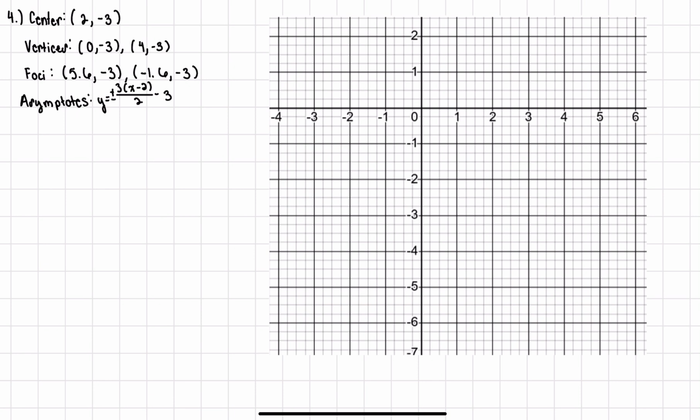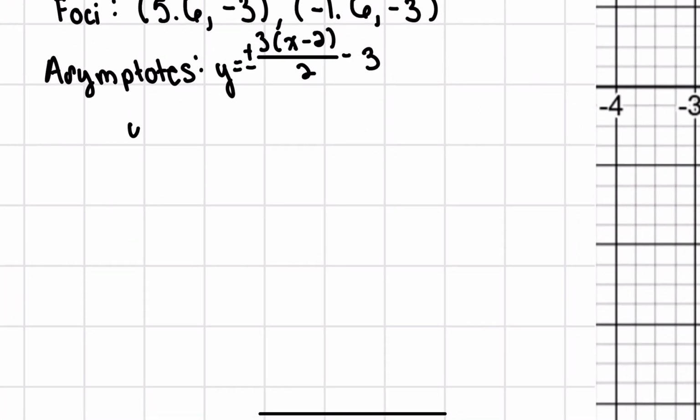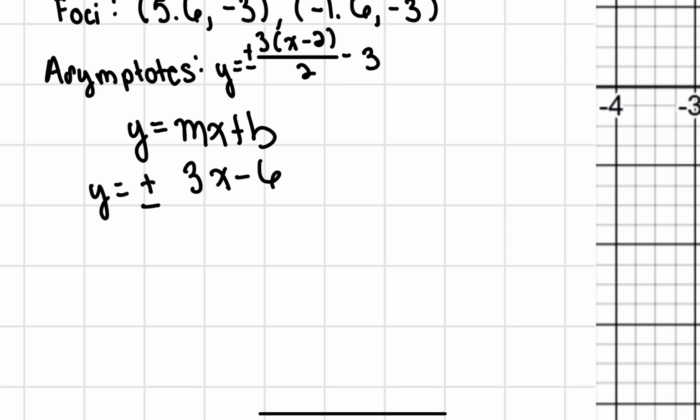So first, what we want to do is simplify this so that we have the form y = mx + b, so that we would have our slope and our y-intercept. Let's simplify this. We distribute the 3 to x - 2, so that would be 3x - 6 over 2, minus 3.